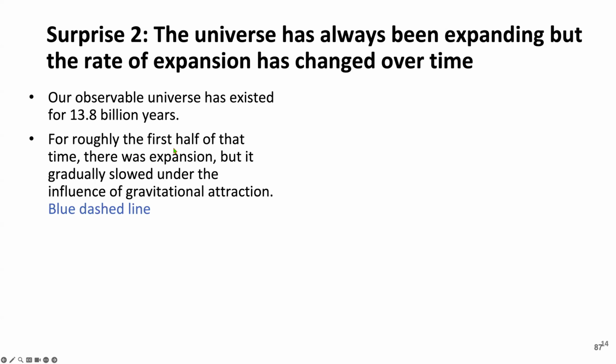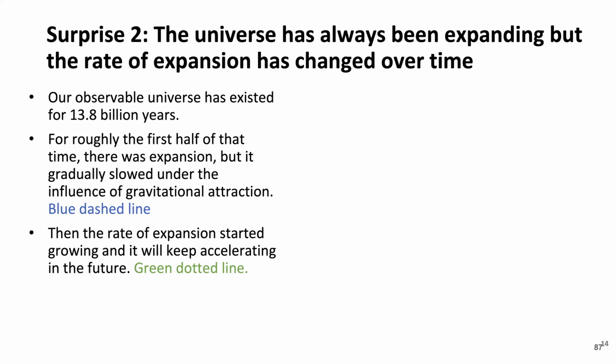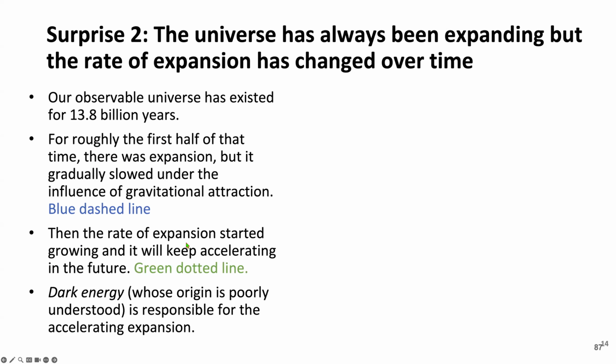For roughly the first half of that, there was expansion, but the rate was slowing. This is due to the gravitational attraction between the components in the universe. The early galaxies were interacting gravitationally, but there was something else going on that I'm going to show you in a second. That other thing is something called dark energy.